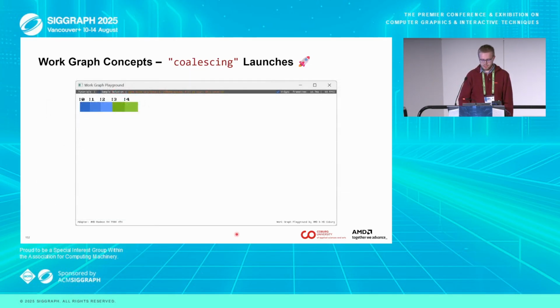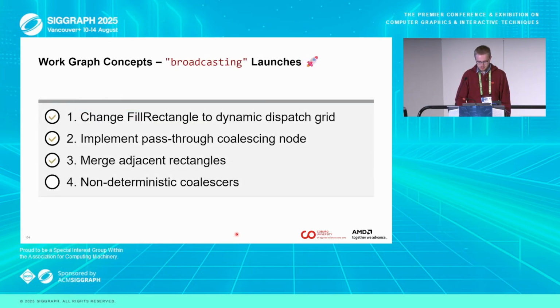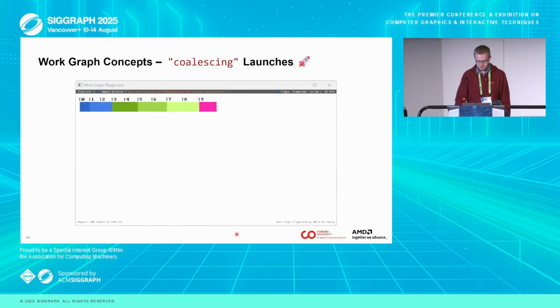And this will be your task. So we have, again, these boxes that we draw, and if 2 boxes are next to each other, we can draw them in one dispatch, right? And that's your task to implement. And once you're done, you might see this flickering.